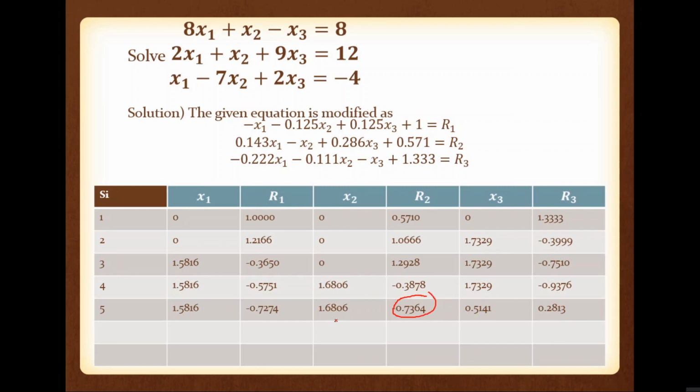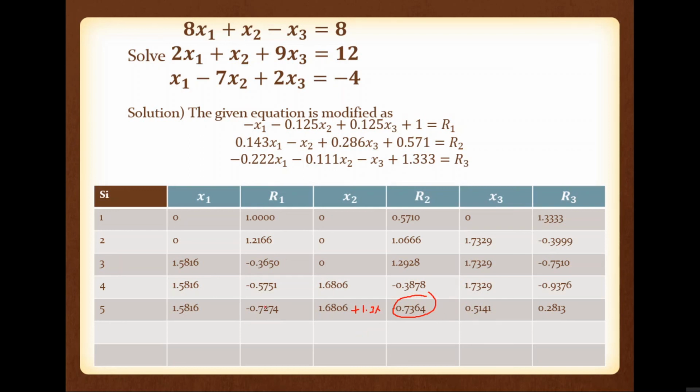Okay. So like that way we have to continue. So the next x2 will be 1.6806 plus 1.3 into, you can see that this is negative, minus 0.7364. Okay. So like that way we have to modify the value.